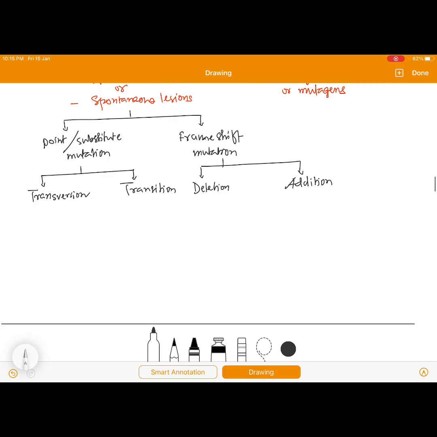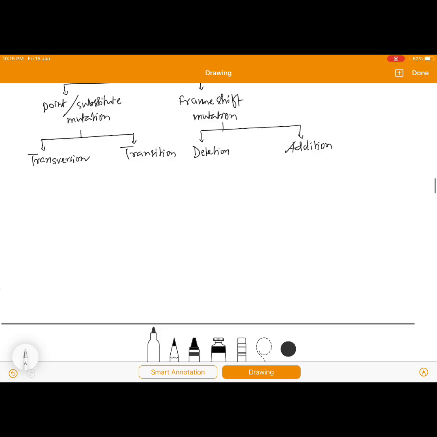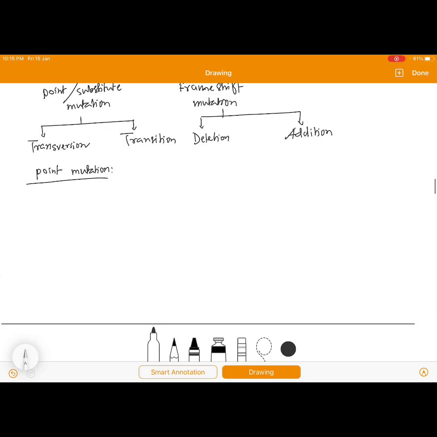First we are going to discuss point mutation, or substitution mutation. Point mutation is actually the change in a single nucleotide pair of a gene.